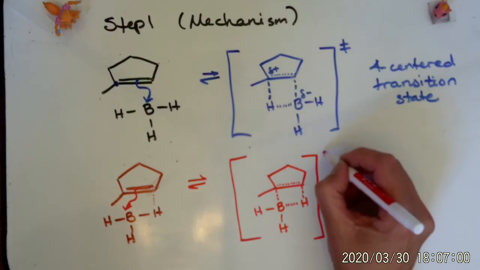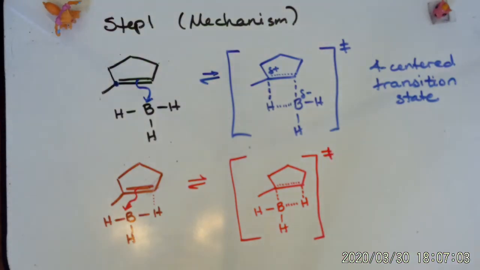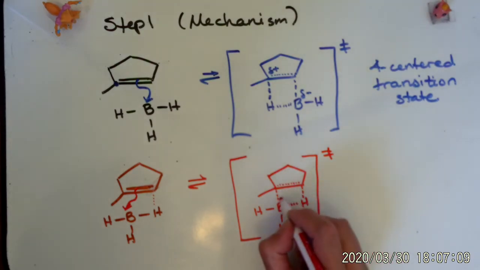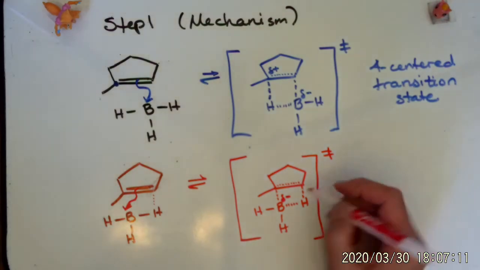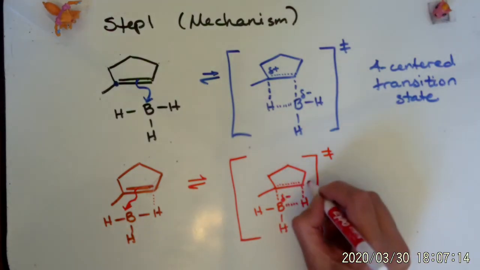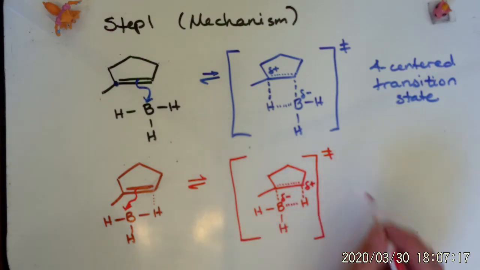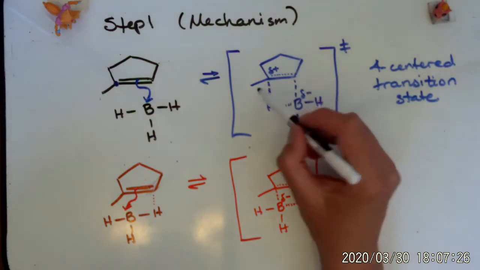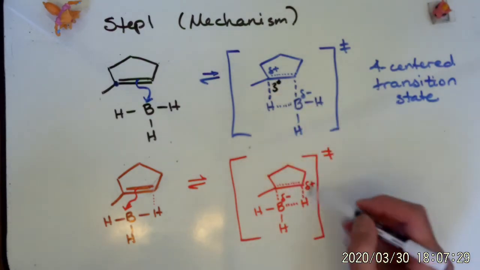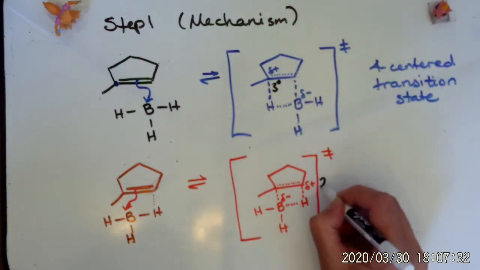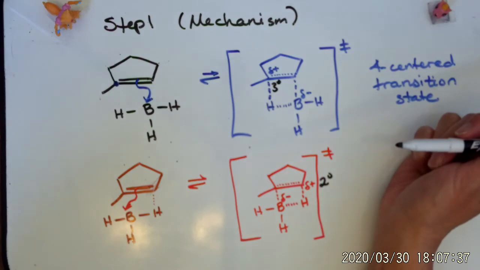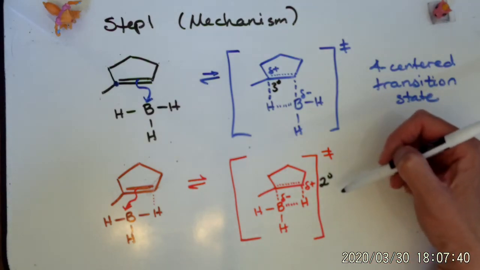Okay, here's my four-center transition state. Now, in this case, again, as my electrons go towards my boron, this becomes a delta minus, and this carbon, since I'm pulling electrons away from it, becomes my delta plus. All right, now, as usual, let's evaluate. This is a tertiary carbon. This is a secondary carbon. The tertiary carbon stabilizes a positive charge much better than a secondary carbon.